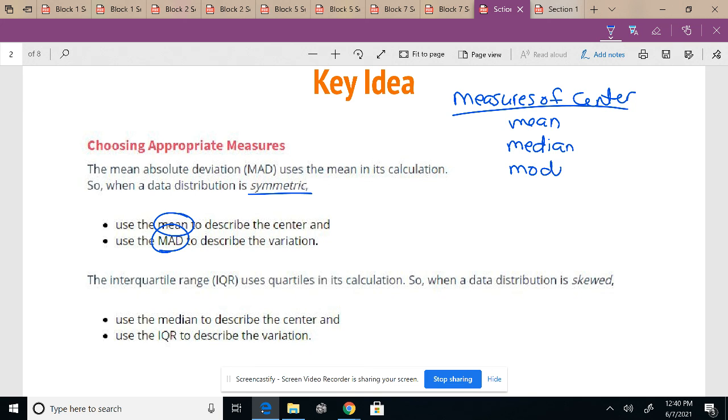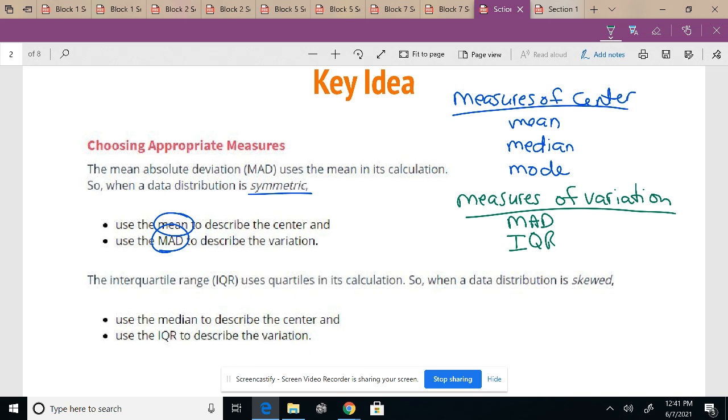And then we have our measures of variation, which are your MAD, your mean absolute deviation, and your IQR, which is your interquartile range.